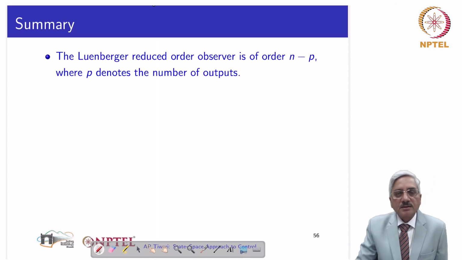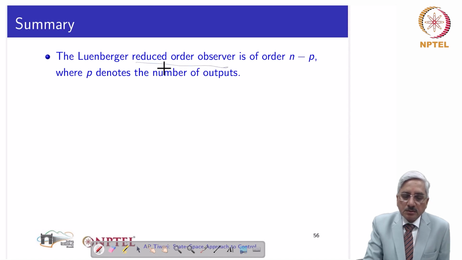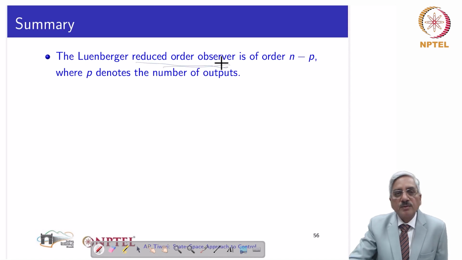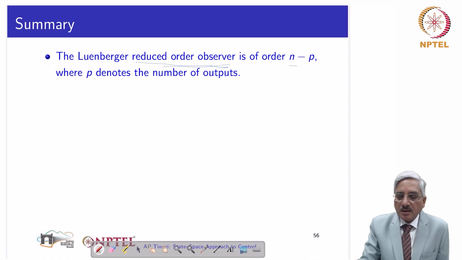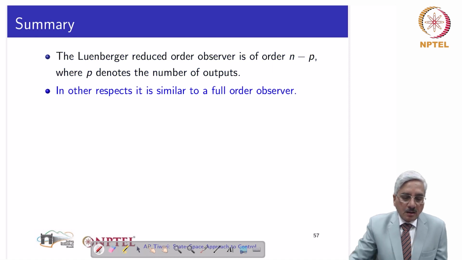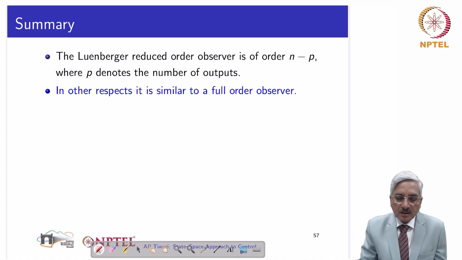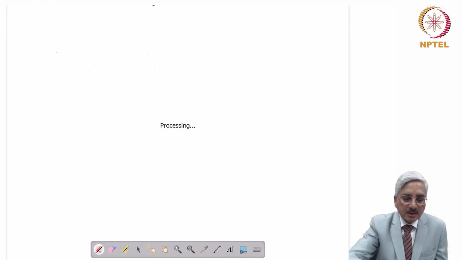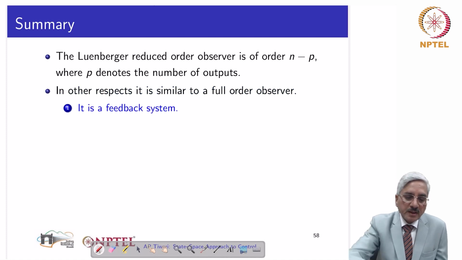We summarize the lecture. The reduced order observer devised by Luenberger is of order n minus p. N is the system order and p is the number of independent outputs. In all other respects, it is similar to a full order observer, meaning it is also a dynamical system. It is a feedback system.